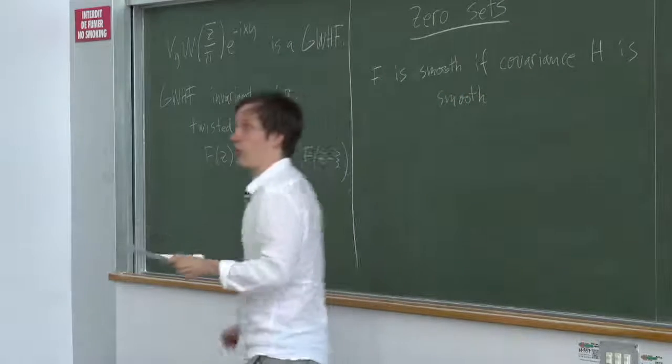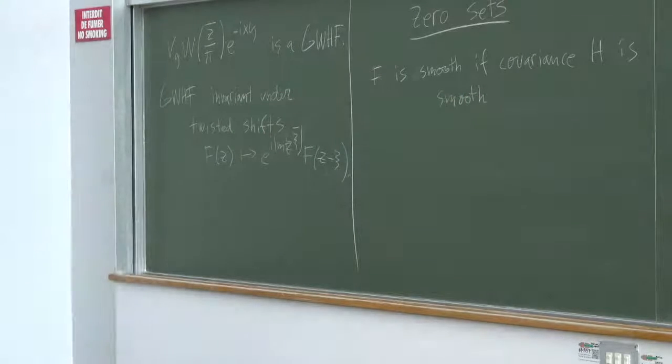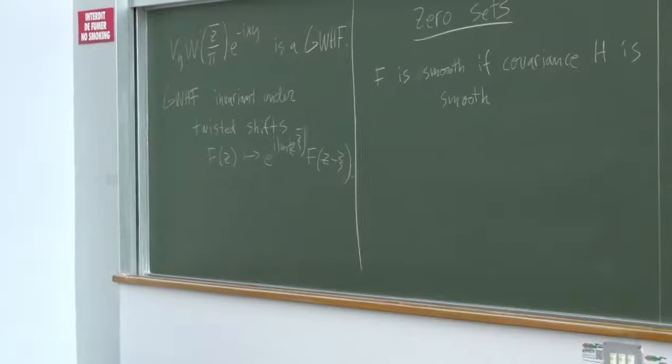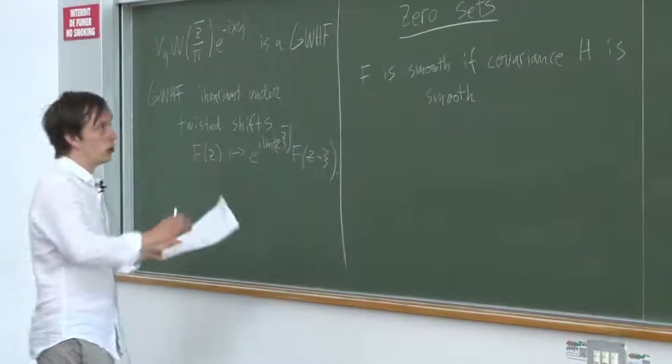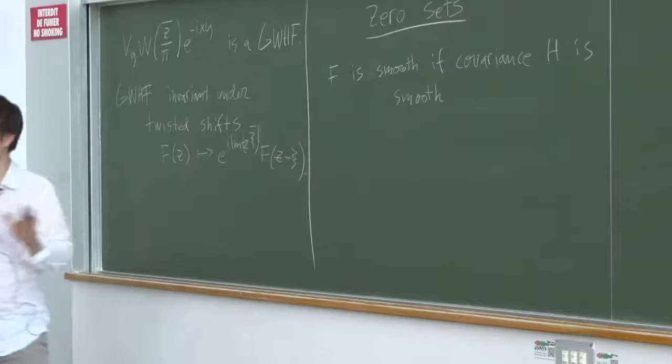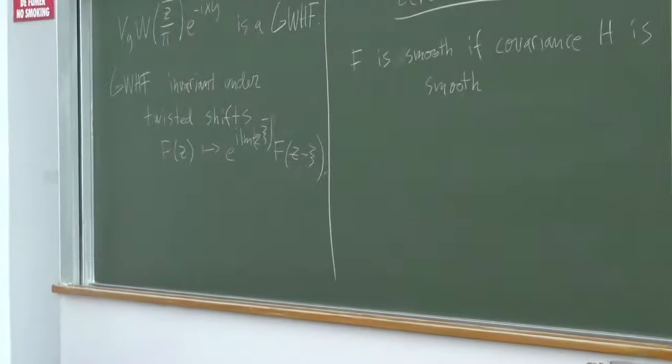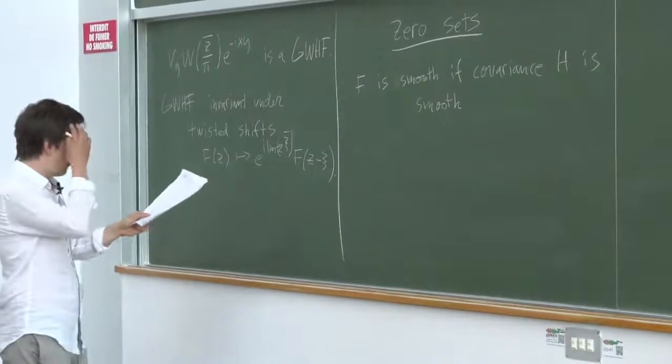This is some general random field theory which you can find from textbooks or Adler's book on random fields, for example. So we are interested now only in the very smooth case, so that shouldn't pose us problems.